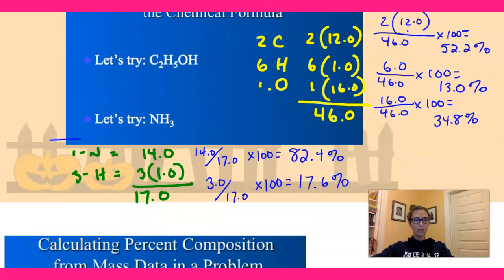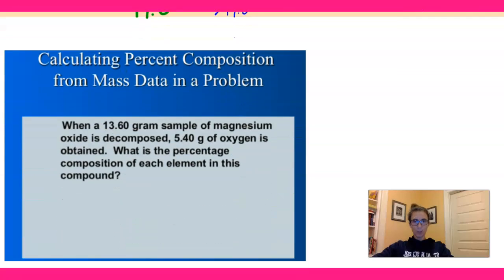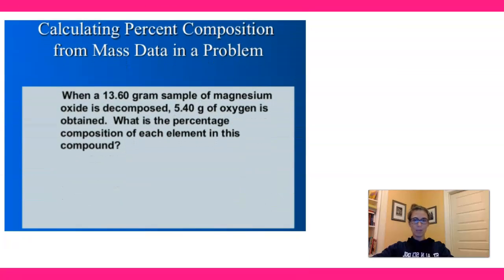Let's look at a different type of percent composition problem, but it's really the same idea. You're trying to figure out what percent of the total mass will come from each of those individual elements. This is when I'm given mass data in a problem. It's a little different than basing it on the chemical formula and the molar mass.